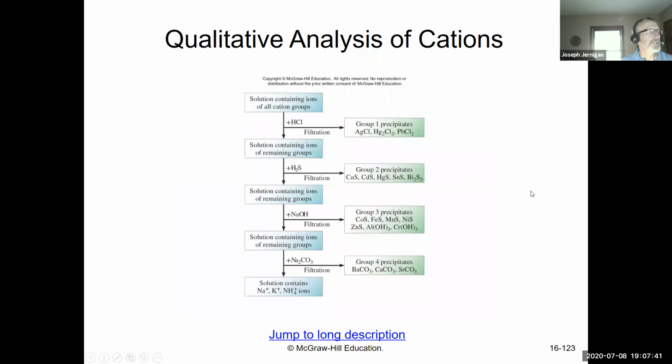That's shown again here as a way to remove up to 4 different groups of species. It's very fundamental, old school analytical chemistry, but it's just as effective today as it was when it was developed over 50 years ago.